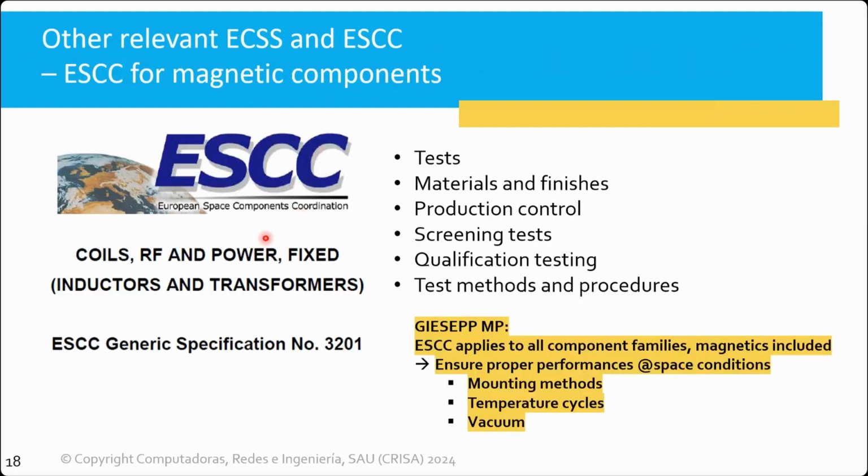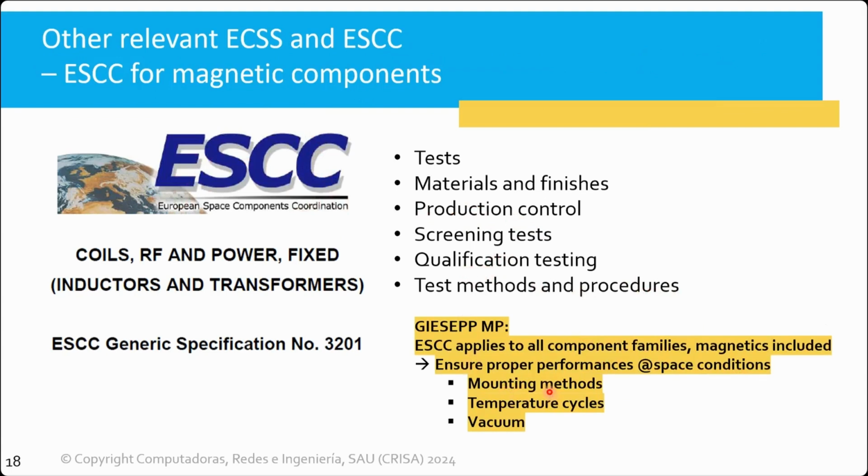Finally, there is another standard, which is called ESCC. It's not the ECSS. These are applicable to all component families, and of course, magnetics included. They define the tests, the control that we need to have in the production lines, screening, and the qualification testing in order to ensure the proper performance of this type of components in space conditions.